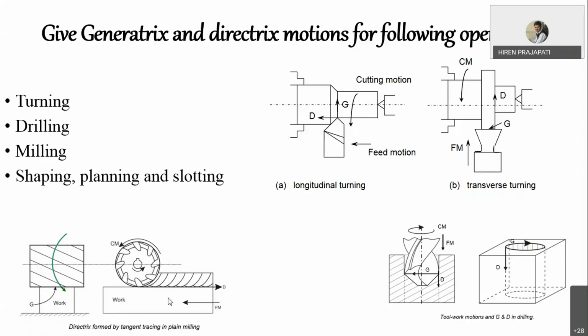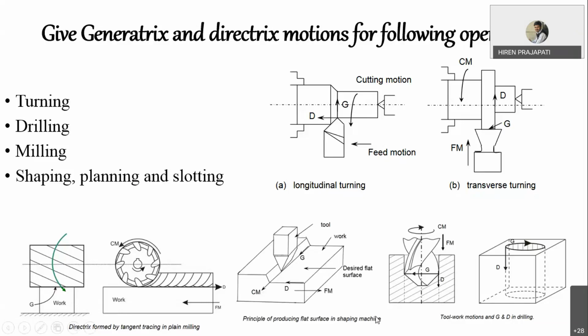In case of shaping, planing and slotting, here you can see this is for the shaping tool. This is your workpiece. Shaper is used to produce flat surfaces. Here you can see, I want cutting action. Cutting action is only possible if I push this cutting tool along this G direction.